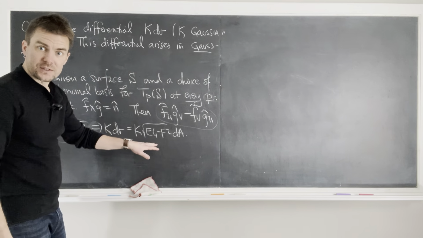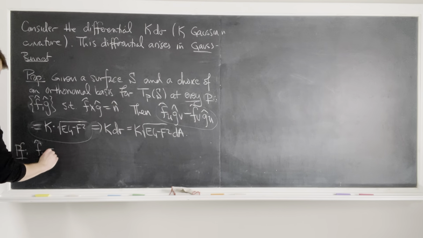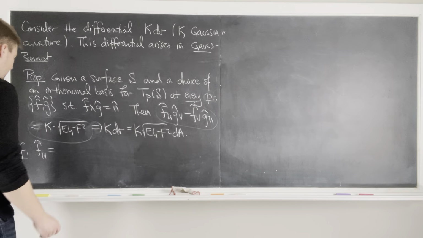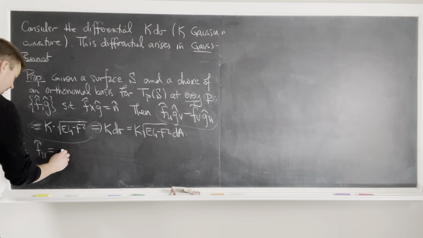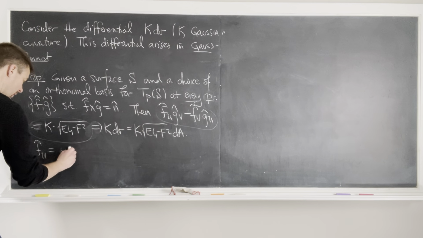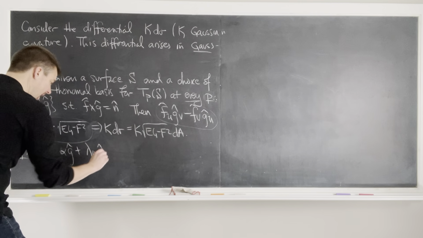Well, we know that f_u, the derivative of f, so here's a proof, f hat_u, can be written in terms of g and n, right? Because f_u is perpendicular to f, right? So I can write this as some number alpha g hat plus some number lambda_u n hat.